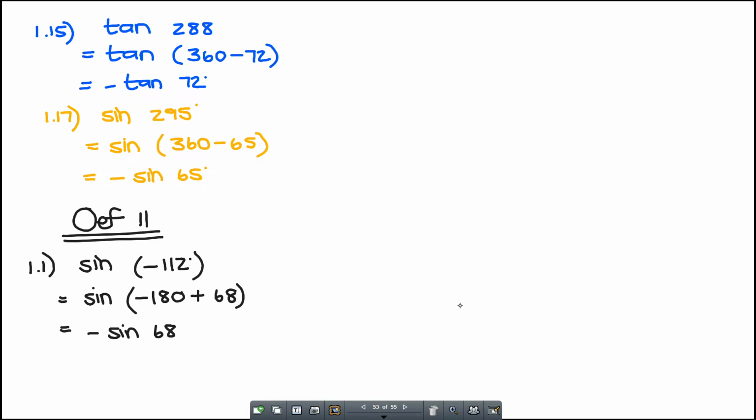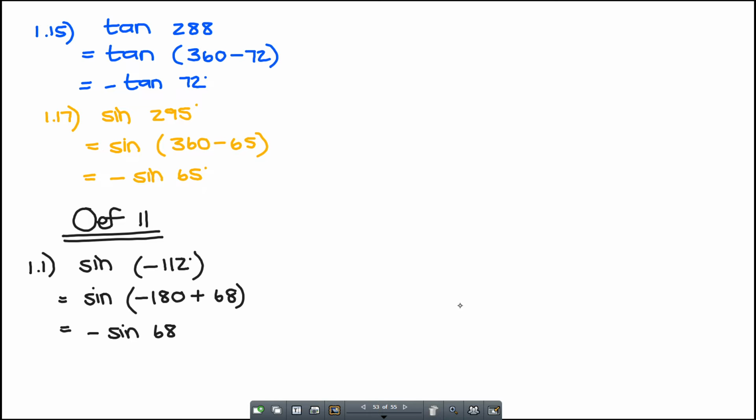Okay, goed, nou by oefening 11. Over here we've got lots of negative angles. Now I'm going to show you a different method as well, once we're done with this, nee? So sin minus 112. That's the same as minus 180 plus 68. Okay? That also gives me minus 112.